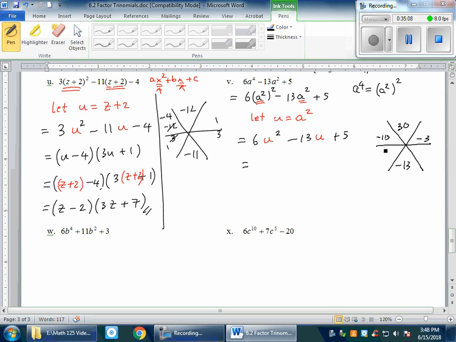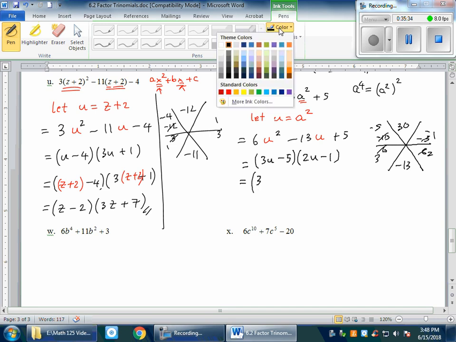So divided by 6, divided by 6. So 2 goes into 6 3 times, and 2 goes into 10 5 times. 3 goes into 3 1 time, and 3 goes into 6 2 times. So my factor will become 3u minus 5 and then 2u minus 1. Now we're gonna re-substitute back with my u and then a squared.